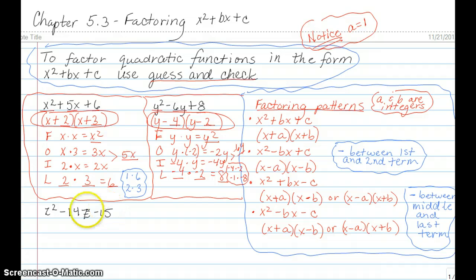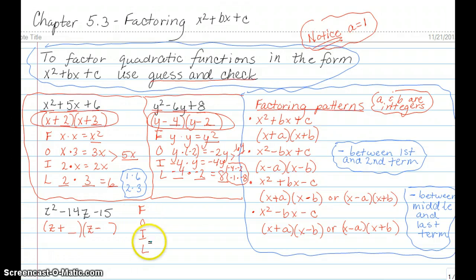Now the key again is that it's a subtraction between the middle and the last term. So we're going to do z plus some number, and then z minus some number. That'll be our factoring. I'm going to come over to the right and do the FOIL this time.